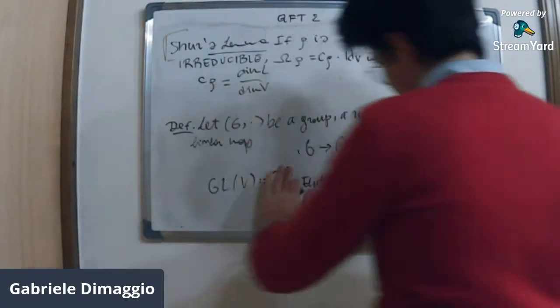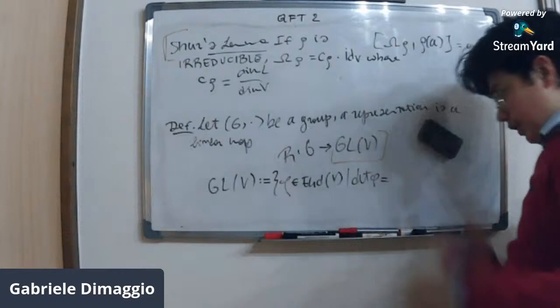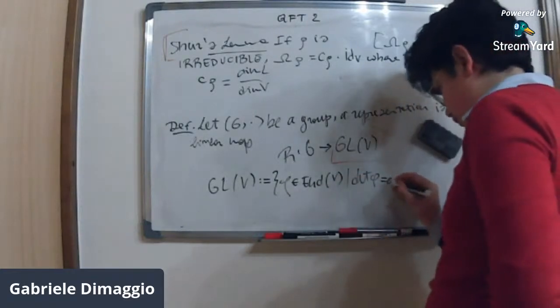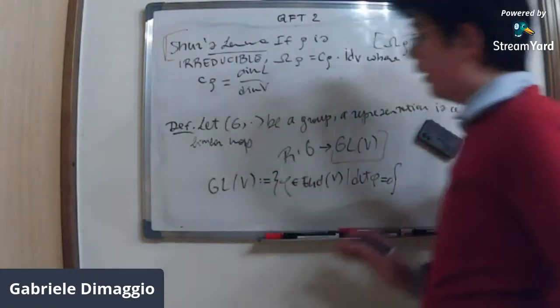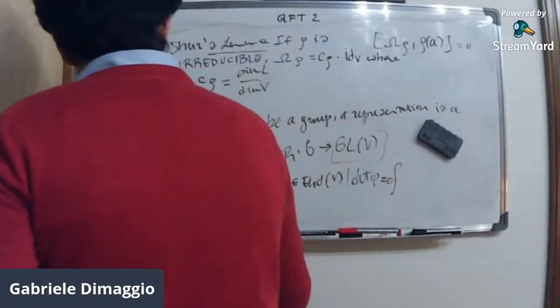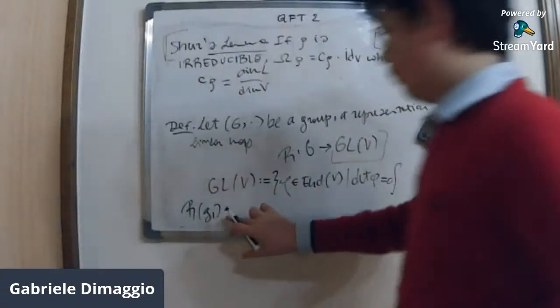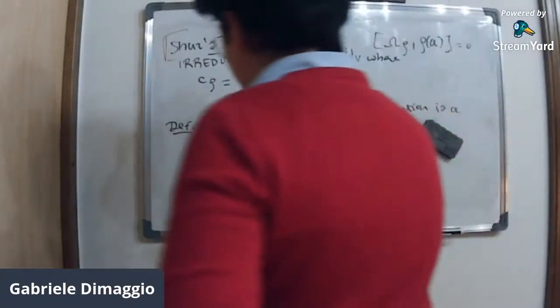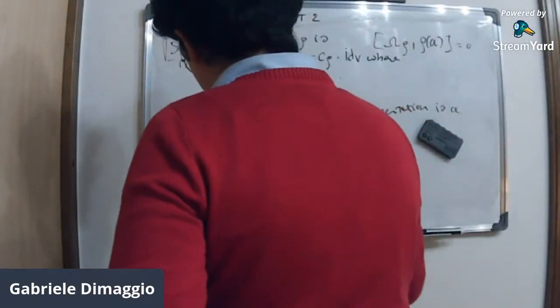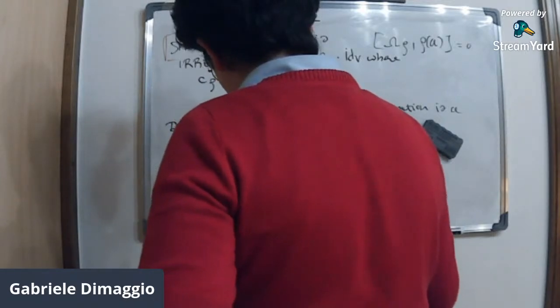I can write R, for example, the representation R. And I have that R(g1) composed with R(g2), with the group operation, is equal to R(g1 g2).